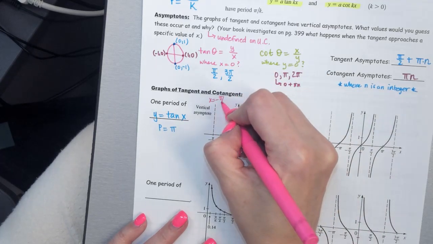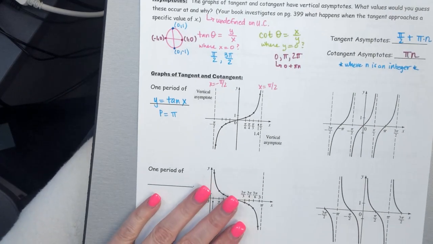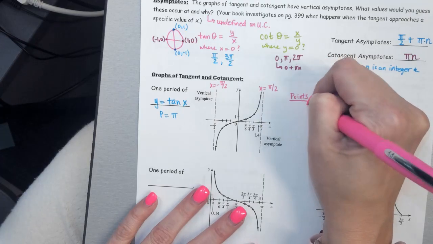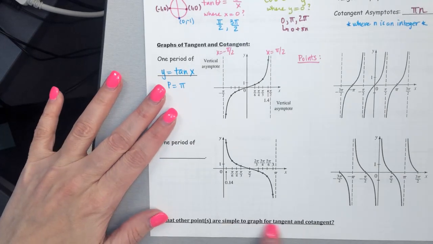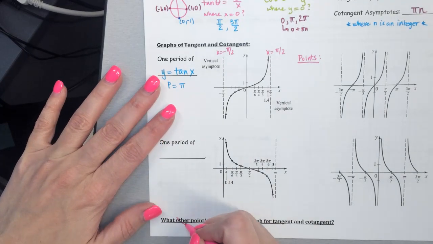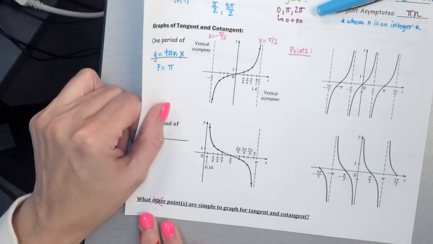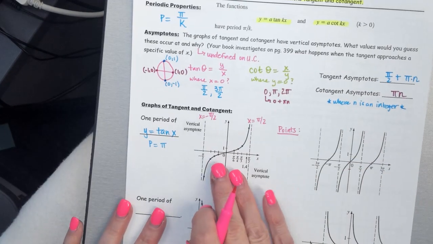You have one at negative pi over 2. And then we are going to focus on 3 points for each cycle. This says what other points are simple to graph for tangent and cotangent. We're just going to cross out the other at the bottom there. So what points do you think are going to be simple for you to graph on this?